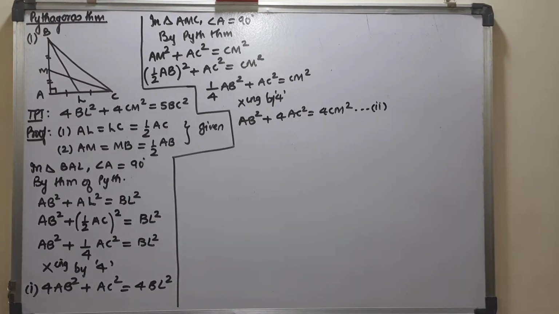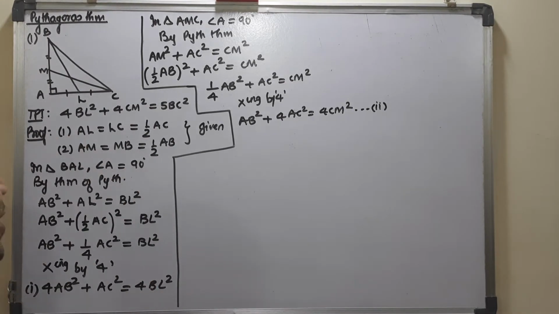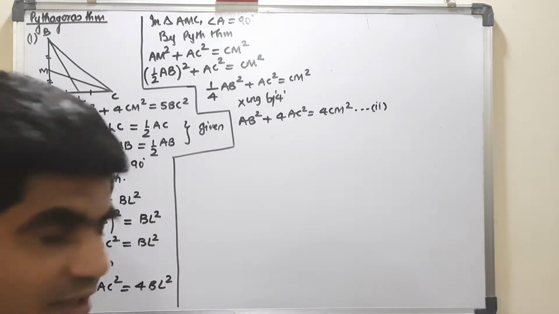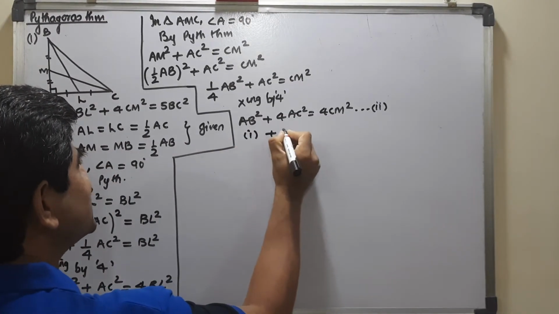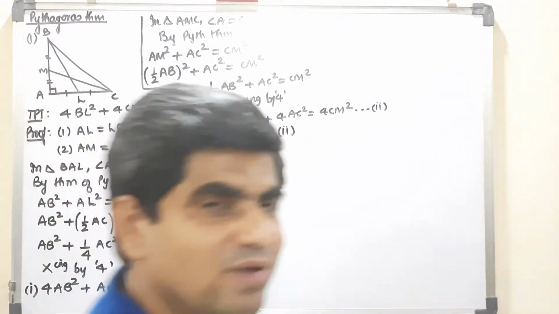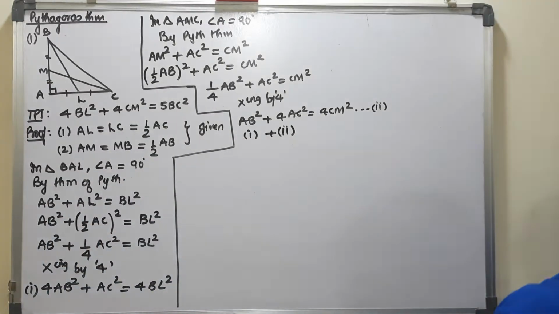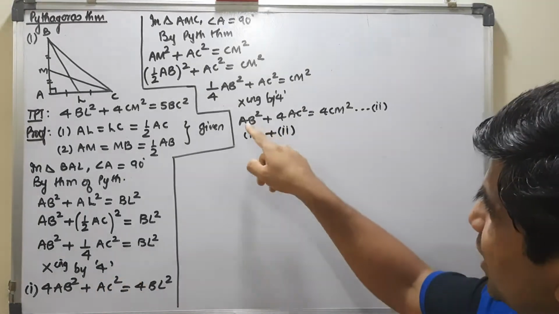Now you can see here that this 4AC square and this 4AB square, something is there, but there is no minus sign anywhere. That means whatever I want to do, I need to play with them in the form of addition. So what I am going to do is take statement number 1 and statement number 2 and add them. While adding, left side contains 2 terms, and here also left side contains 2 terms.